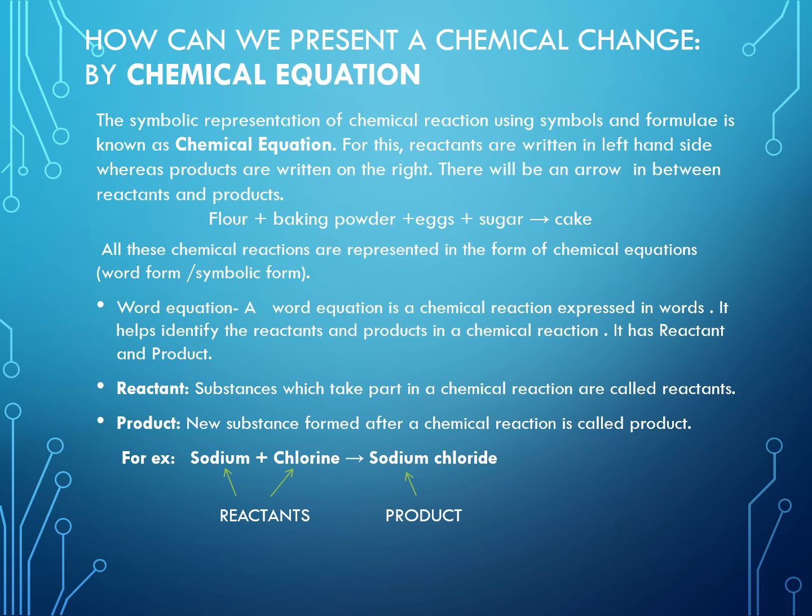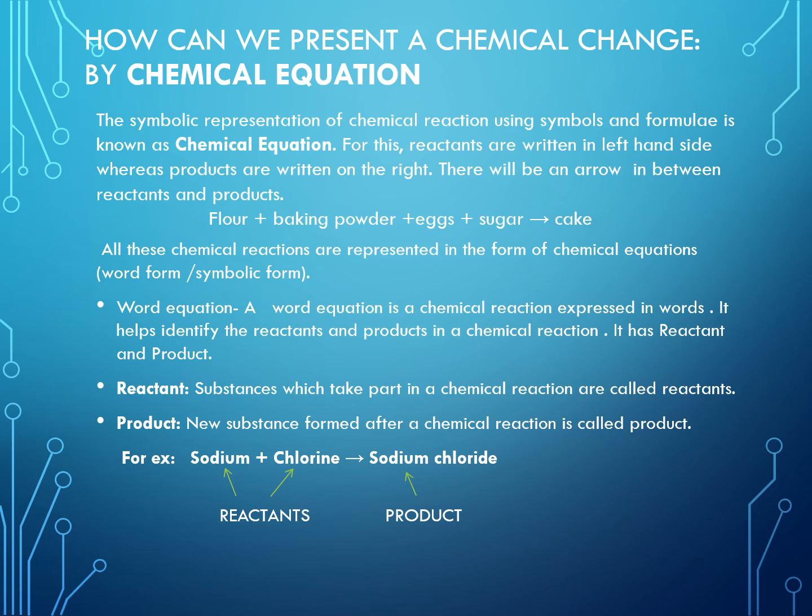This chemical equation is either in the form of words or symbols. Word equation means we use words for the reactants as well as the product. Another example is if we take sodium and chlorine, they react and give sodium chloride.